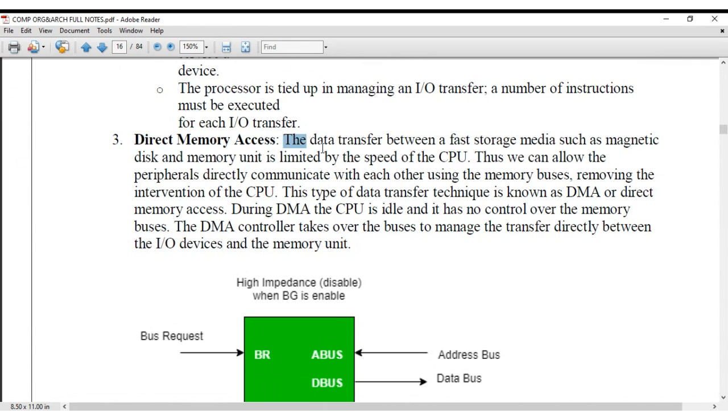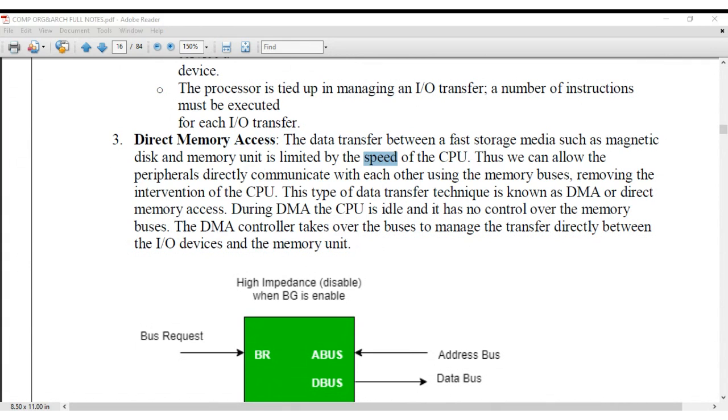Therefore, it also allows us to do things like copying and pasting, moving files from one disk to another without the CPU being too much involved, meaning that the CPU is going to be idle, or busy with other computing activities.